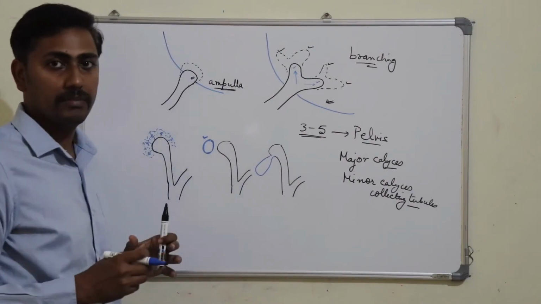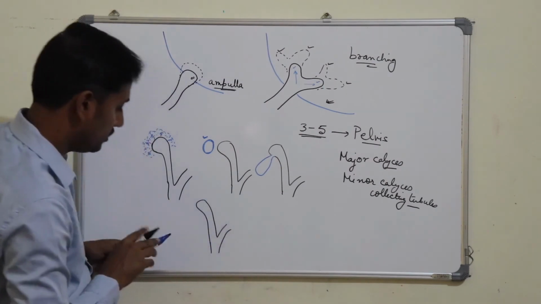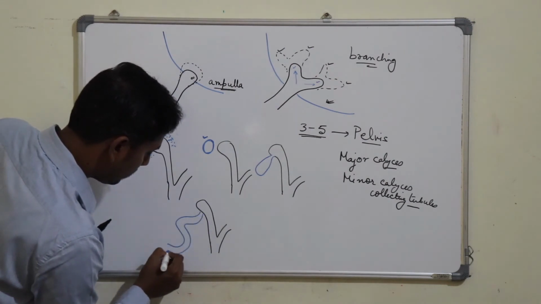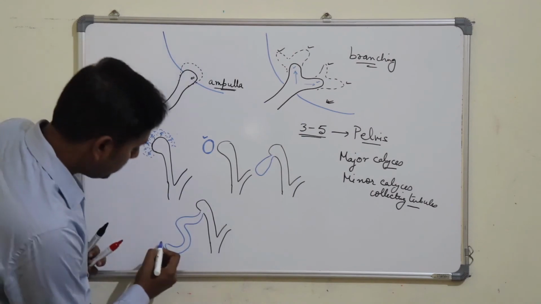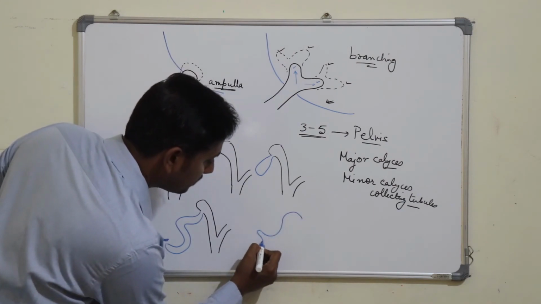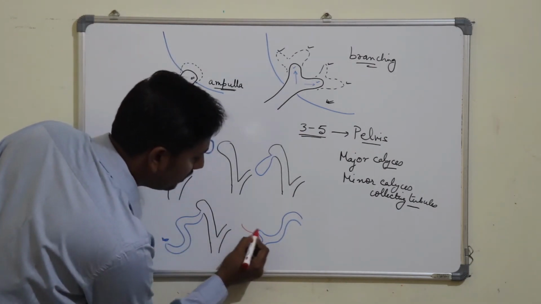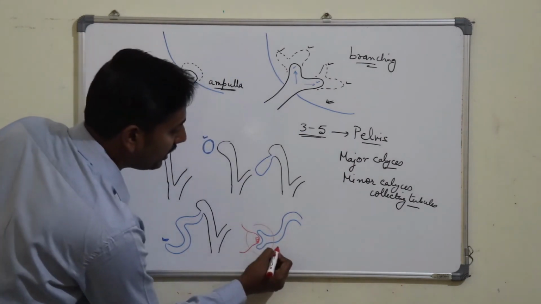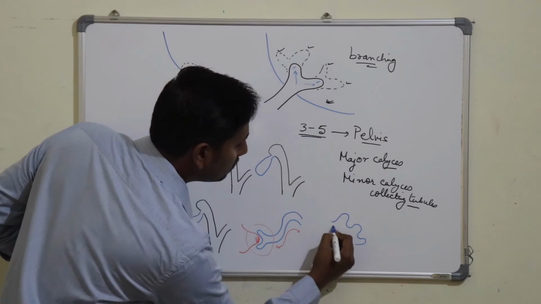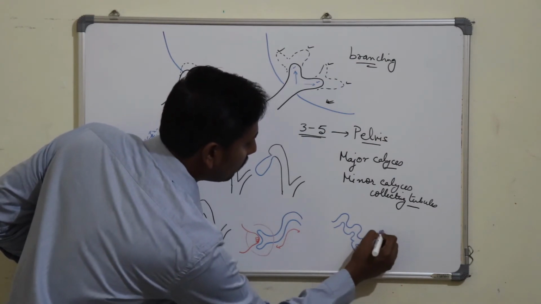The vesicle will now become S-shaped. Now, the distal end of this S-shaped tubule is invaginated by a tuft of capillaries like this to form the glomerulus, and the remaining part of the S-shaped tubule will form the proximal convoluted tubule, the loop of Henle, and the distal convoluted tubules.